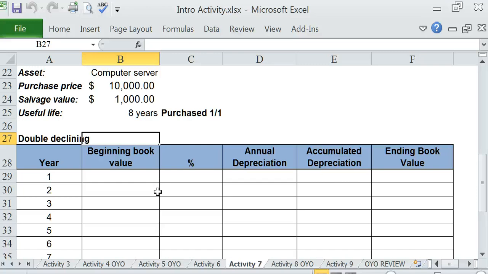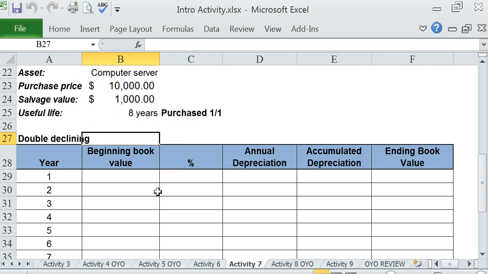Hi class, we're going to look at declining balance or double declining depreciation here in this lesson. Double declining or declining balance, depending on the textbook you use, is another form of depreciation. As you learned before, straight line depreciation had us reduce the value of the asset equally over time.